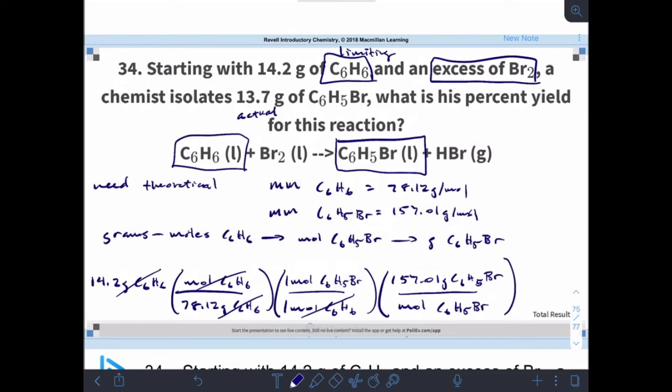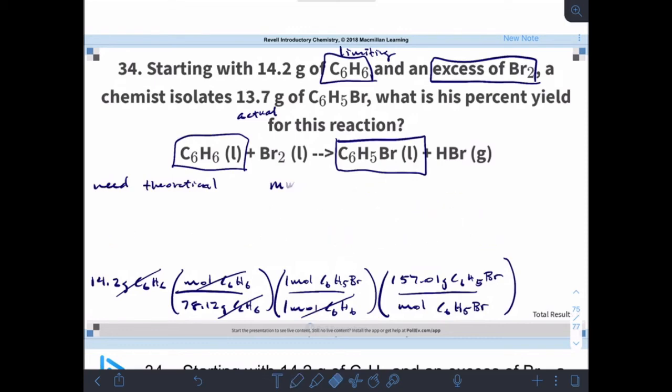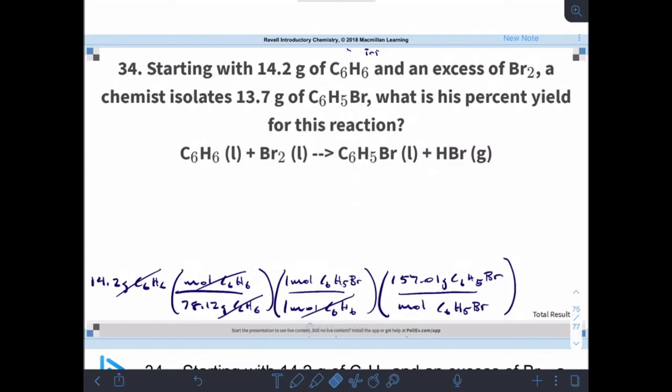Okay, now I'm unfortunately kind of out of space on this slide, so I'm going to erase a few things real quick. Okay. So my theoretical yield is the result of this equation, and we find that we get 28.5 grams of C6H5Br.